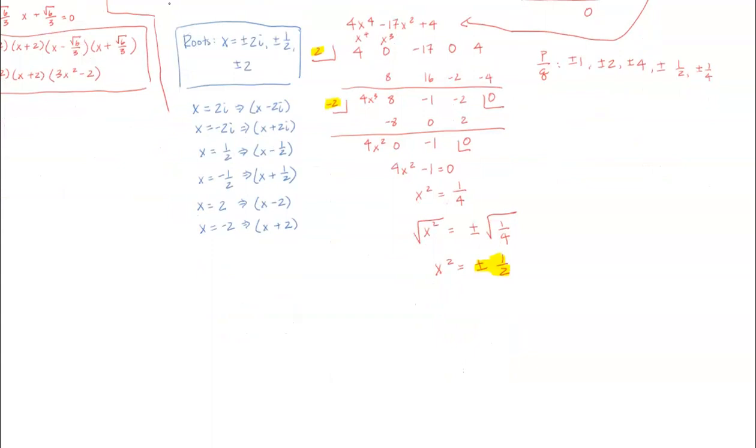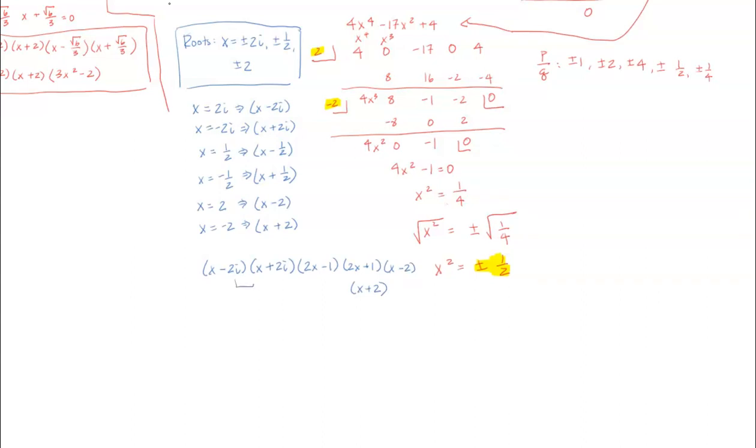So it could look like x minus 2i, x plus 2i, and then for 1/2, you can write it as 2x minus 1 if you want. 2x plus 1 and x minus 2 and x plus 2.